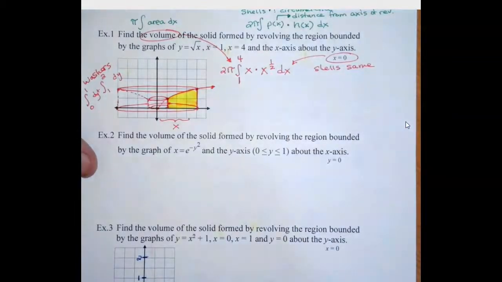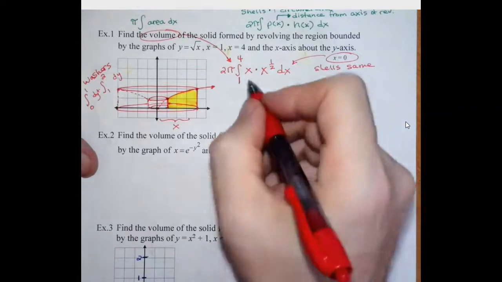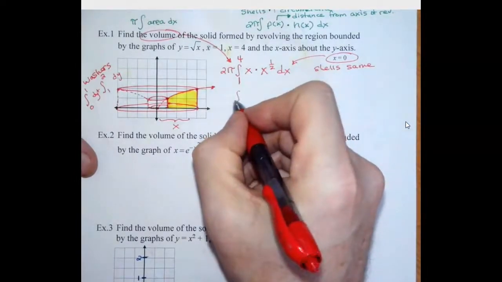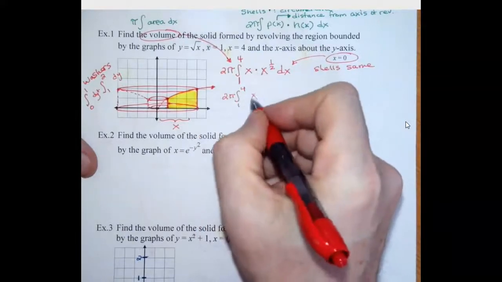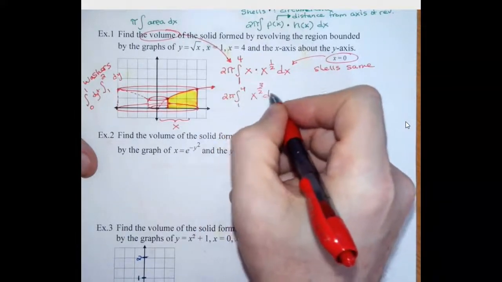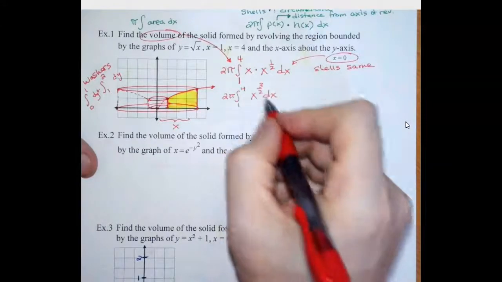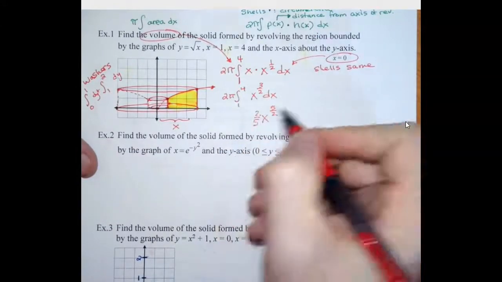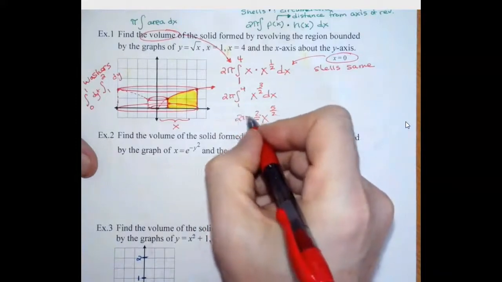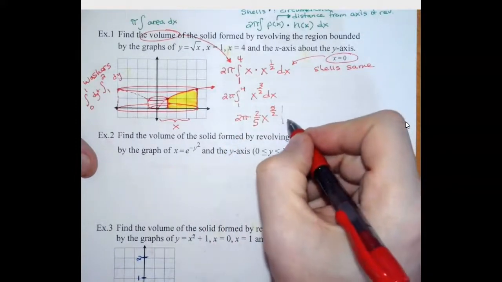Now if we add the exponents, that's going to be 3/2. Add 1 to the exponent, divide by the new exponent. Could have gone ahead and multiplied the 2 pi by that already, but that's fine.